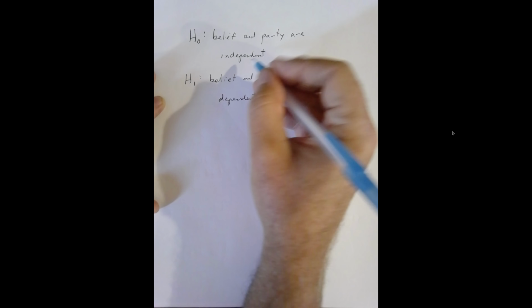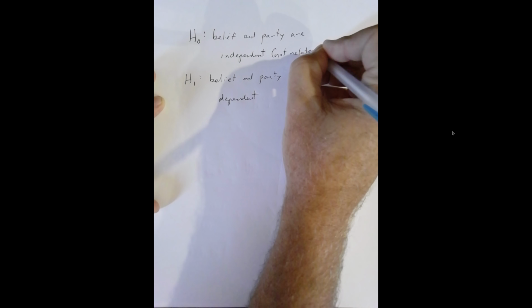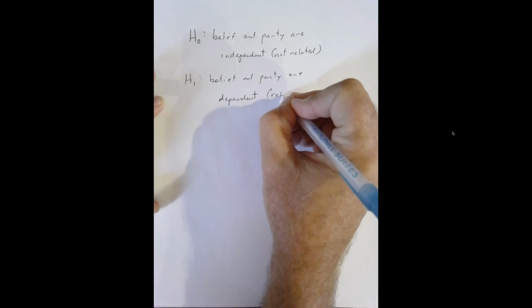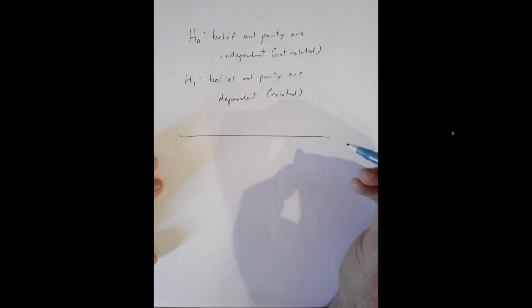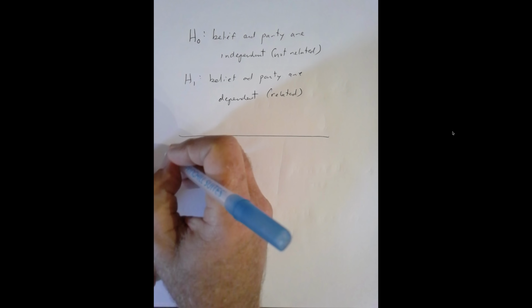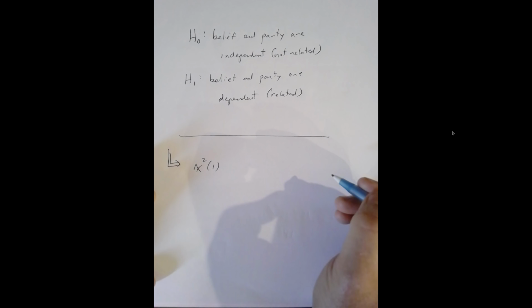Guys, independent means not related. Dependent means they are related. So guys, it works the same way. That's the cool thing about the chi-square test of independence, or testing the equality of two proportions. Same thing, guys. Our chi-square has degree of freedom 1.